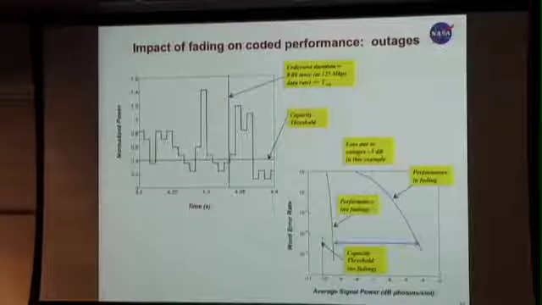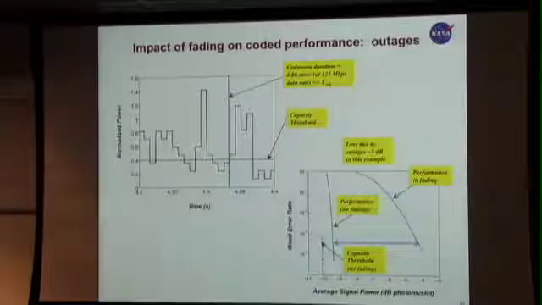You can hardly even see it, and it fits within one fade. So one code word is going to see one level, and the next code word is going to see this level and have way too much power to burn. The next code word is going to see that much, and then one's going to see this one, and another one's going to see that. And all these code words are going to fail completely. So you can't possibly have reliable communication if that's all you're going to do.